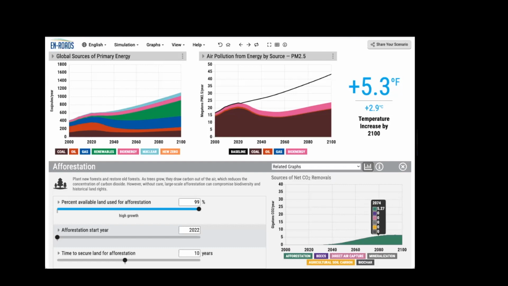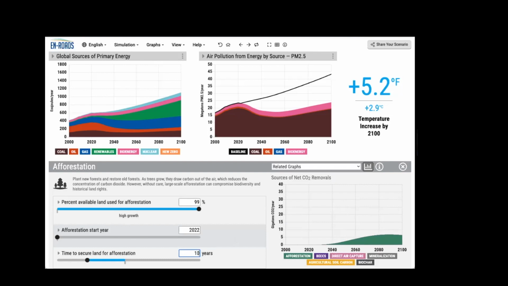So they're assuming it takes you 10 years to get the land. If it was 5 years, that would change things, maybe not real significantly, but those are things you can look at and see on this.